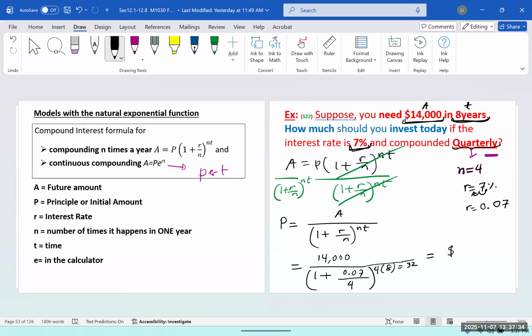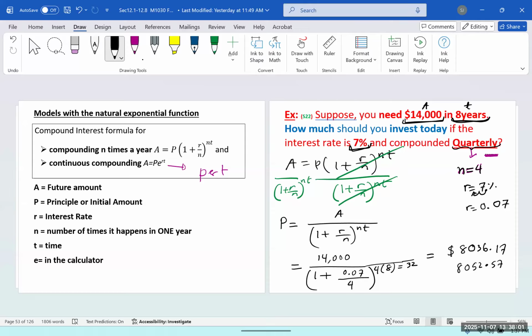Alex, what number do you have? 8036.17. Okay. Now who has something different? $8,052.57.